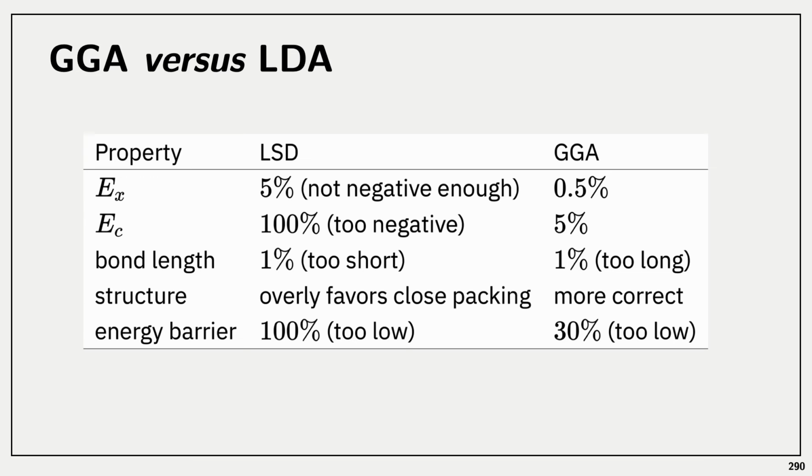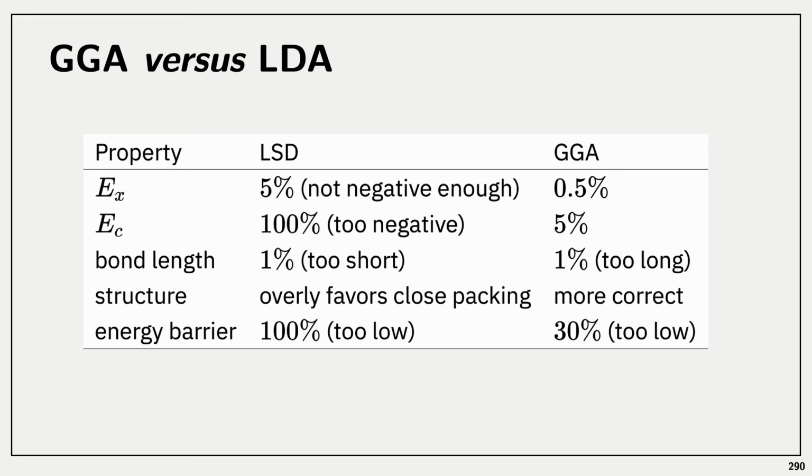GGA is pretty good with structures, like unit cell size, mechanical properties, and that kind of thing. And most importantly, the energy barrier for chemical reaction or adsorption. Now GGA is still low, but it's semi-quantitative, so that's nice.